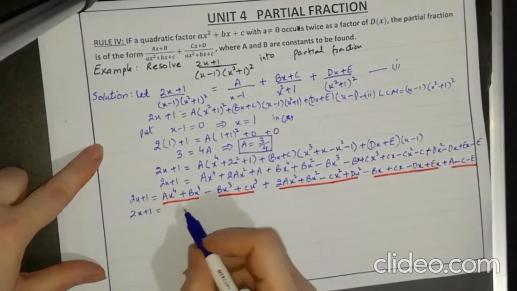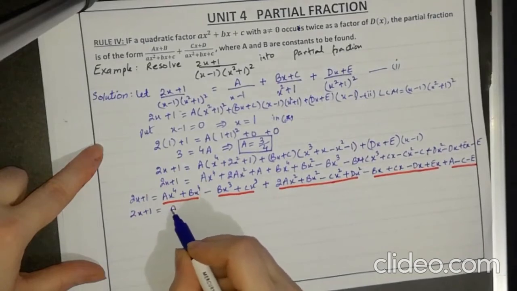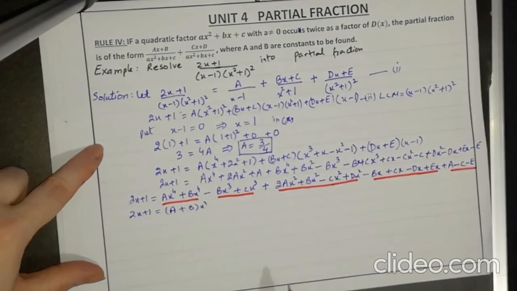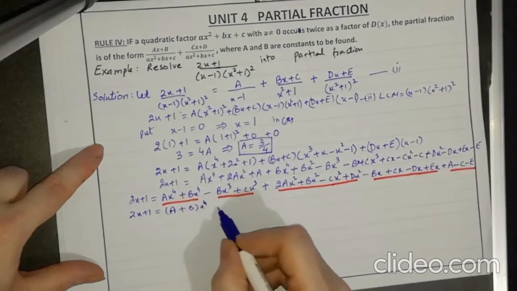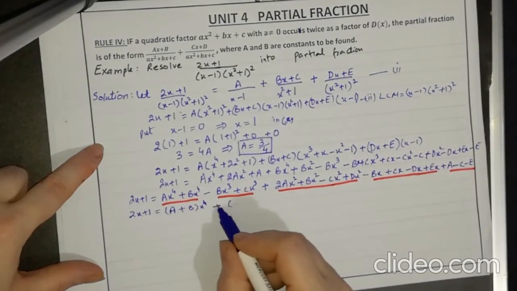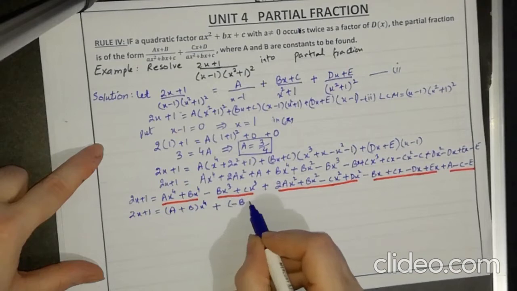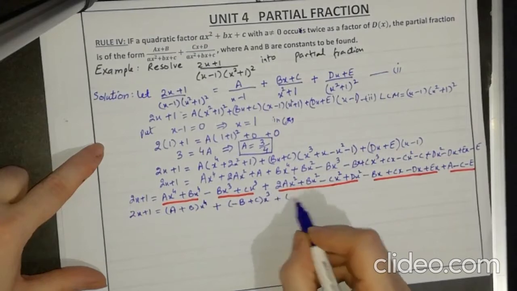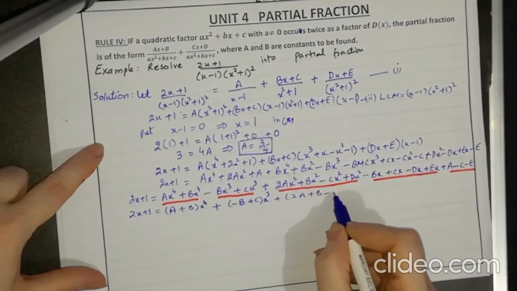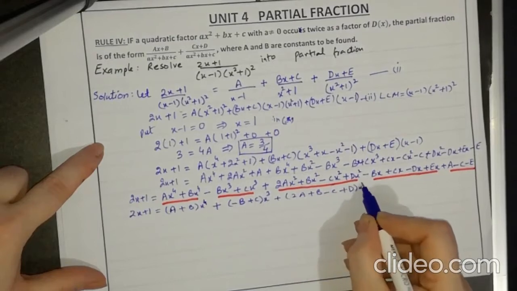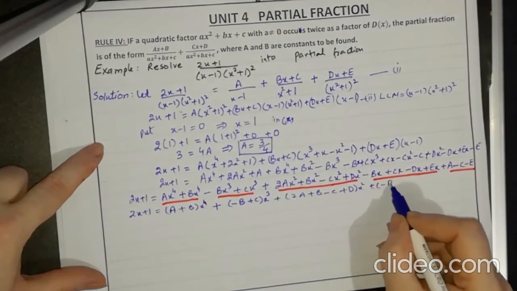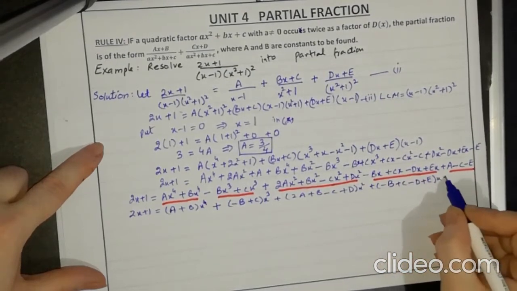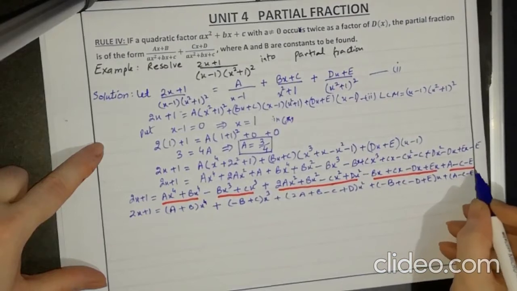So 2x plus 1 is equal to, now taking common, (a plus b) x⁴. Now I am taking common from these like terms, minus (b plus c) x cube, plus (2a plus b minus c plus d) x square, and minus (b plus c minus d plus e) x, and a minus c minus e.